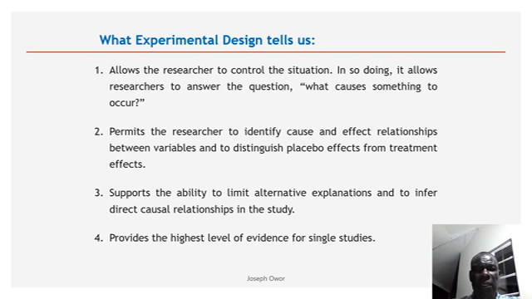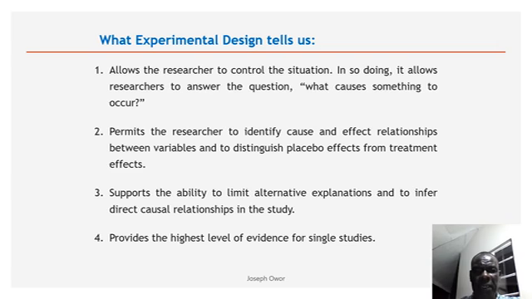Secondly, it permits the researcher to identify the cause and effect relationship between the variables, to distinguish placebo effects from treatment effects. In medicine, actually, like the example I've just given with the coronavirus vaccine, the experimental group can be given a real vaccine, and the other group is given a placebo.